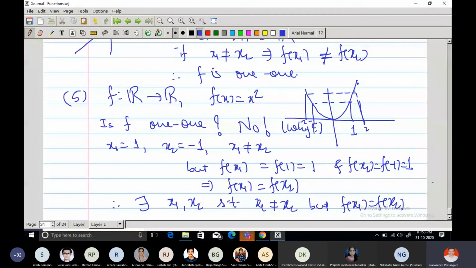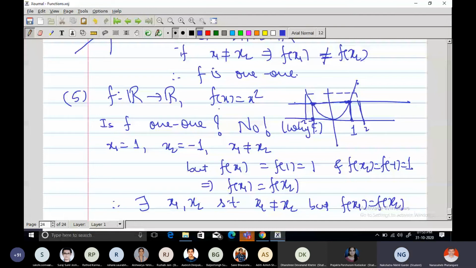But from this graph, what is happening? So this point 1 and this point. If you draw a horizontal line, this horizontal line intersects the graph at two distinct points. That means these two distinct points are at the same level and they correspond to two distinct elements in the domain. Correct?